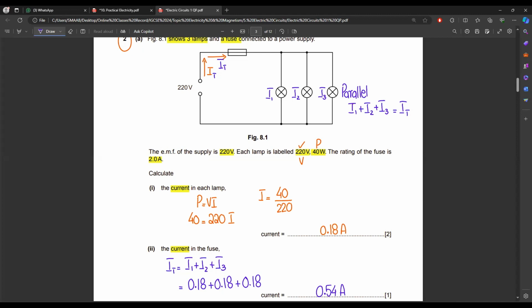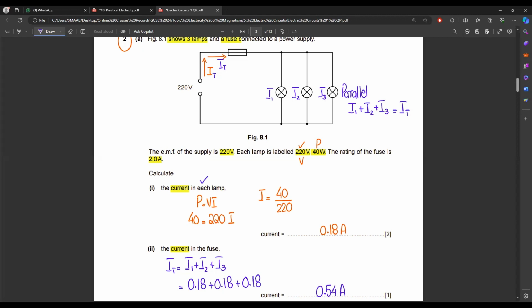But for this question the value for the voltage of each lamp is same. Otherwise we will find I1 individual, I2 individual, I3 individual. So we calculated this value of electric current, so this is for each lamp.